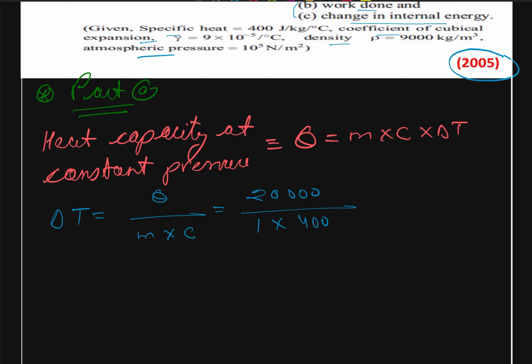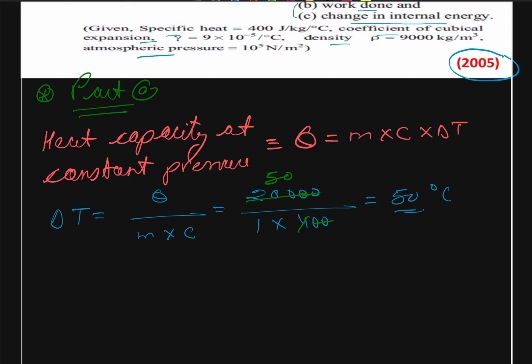So the 0 cancels with 0 and we are left with 200, and this divided by 4 gives 50. So we get the change in temperature as 50 degrees centigrade.